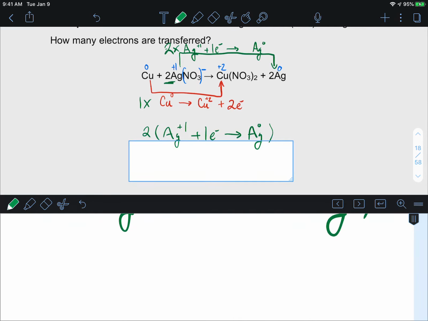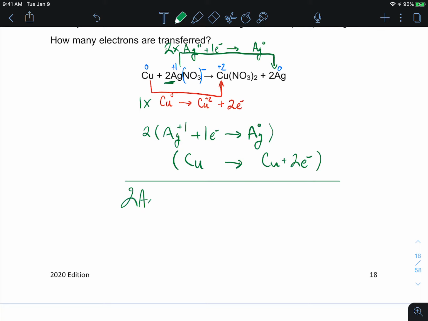We can see that these two work together very nicely if you add them together, very similar to what we did with reaction mechanisms and the different steps. So here we're going to get 2 silver plus 2 electrons, plus a copper, producing 2 silver metals because we're multiplying by 2, plus a copper plus 2 electrons.